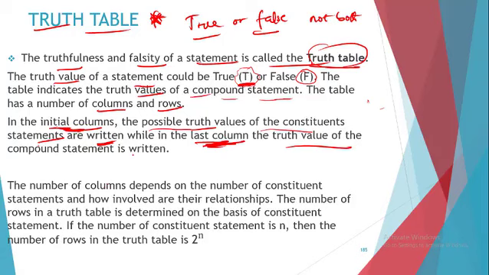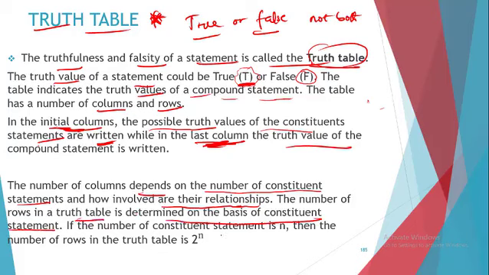The number of columns depends on the number of constituent statements and how involved their relationships are. The number of rows in a truth table is determined on the basis of the constituent statements.